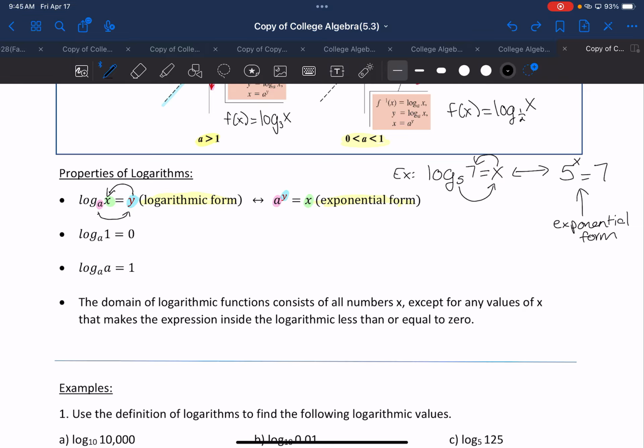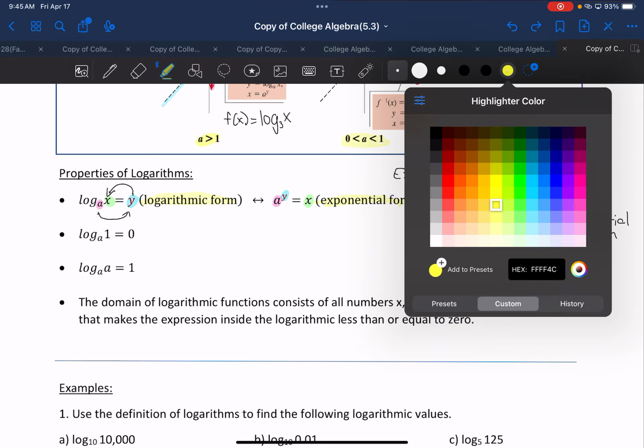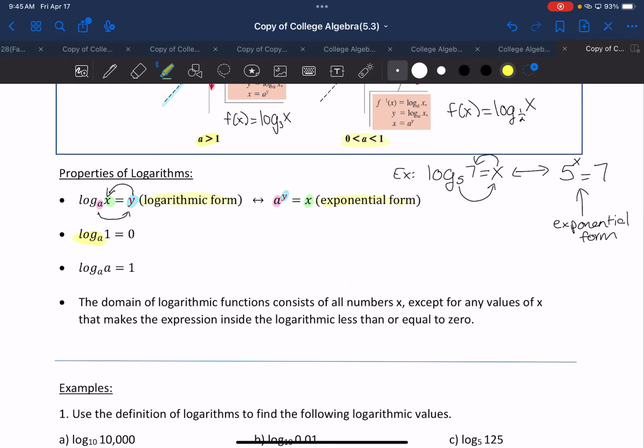The next property says that anytime we have log base anything, it doesn't matter what a is, if 1 is inside the log function, then this is always going to be equal to 0. That's true because anything to the 0 exponent is equal to 1.